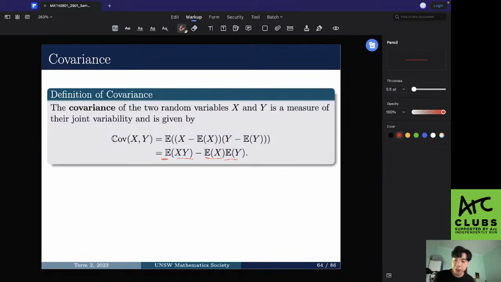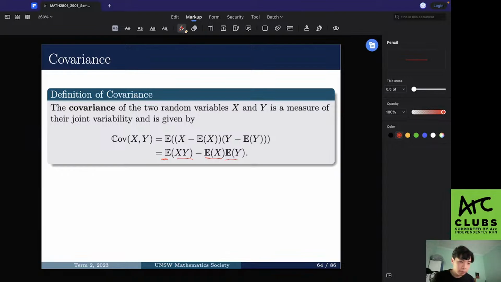What covariance says is, if the covariance is large, then that means as x grows larger, y grows larger. If the covariance of x and y is small, then it says if x grows larger, then y grows smaller. Or if y grows larger, then x grows smaller. And if x and y have a covariance of 0, that means no matter how x moves, it doesn't actually affect how y moves, and vice versa.